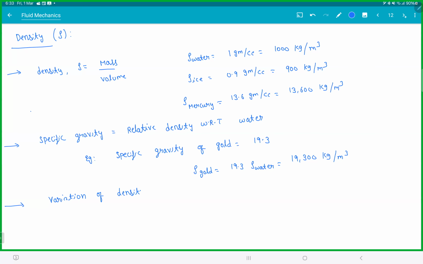And then we have variation of density with temperature. This also we talked about in thermal expansion. The new density is given by rho naught by (1 plus gamma delta T). Gamma is the coefficient of volume expansion. Have a look at this page.